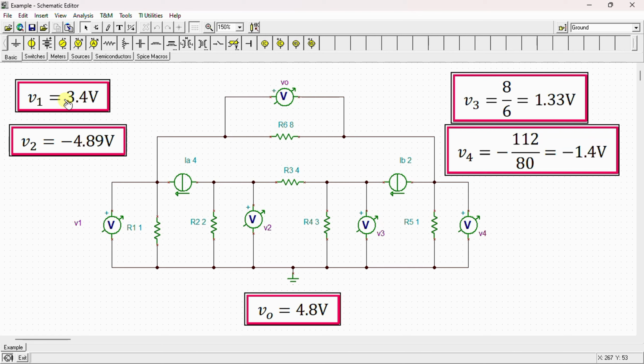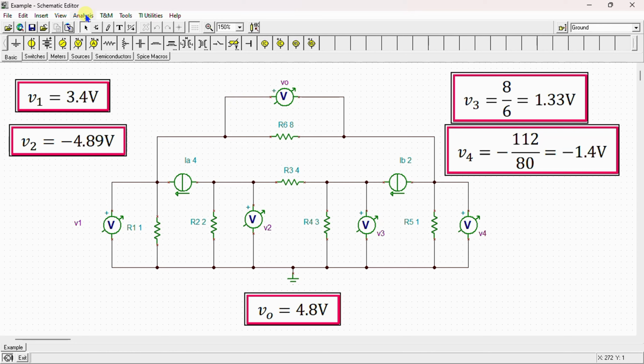We can see here I connected a voltmeter V1 in order to measure the node voltage V1, voltmeter V2 in order to measure the node voltage V2, V3 in order to measure the node voltage V3, and V4 in order to measure the node voltage V4. And here I connected the voltmeter VO to measure the voltage across the resistor R6.